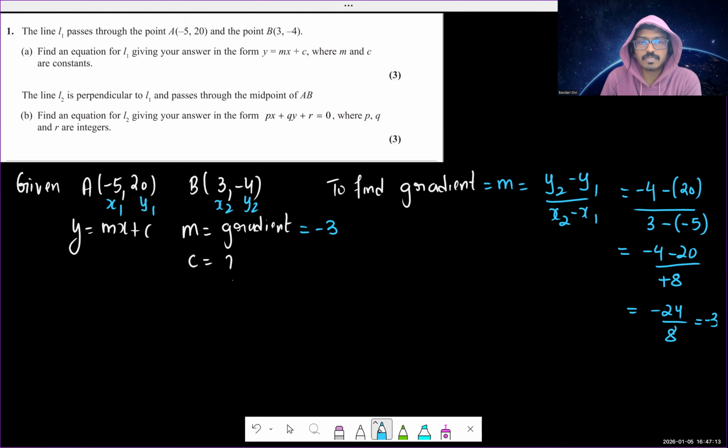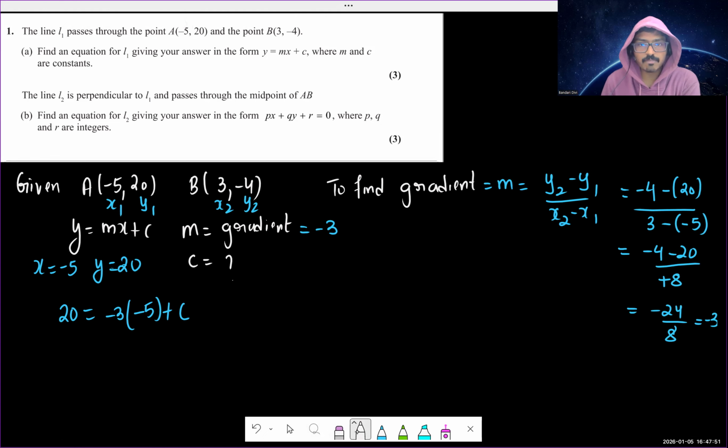Then we need to find the value of the constant c. Let us use any of these points, A or B. If we use A, the value of x is -5 and the y value is 20. Let us plug these values into y = mx + c. We have y as 20, m as -3, and x as -5, plus c.